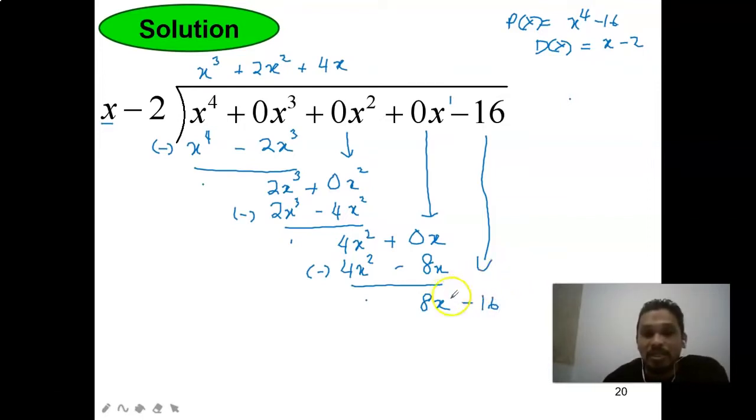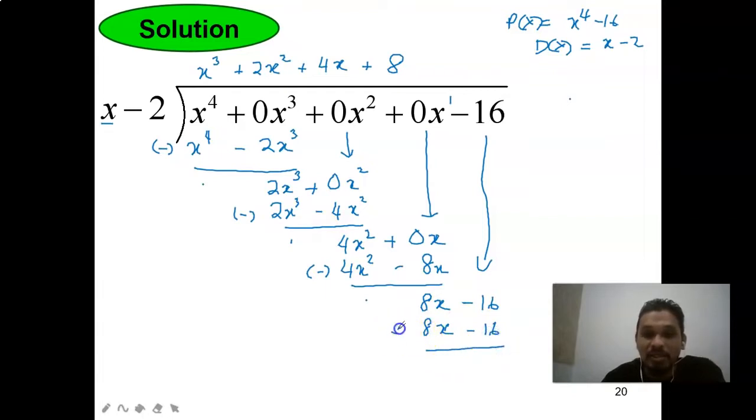Then, what's next? 8x divided by x equals 8. So then, 8 multiplied with x, 8x, and 8 multiplied with negative 2, negative 16.